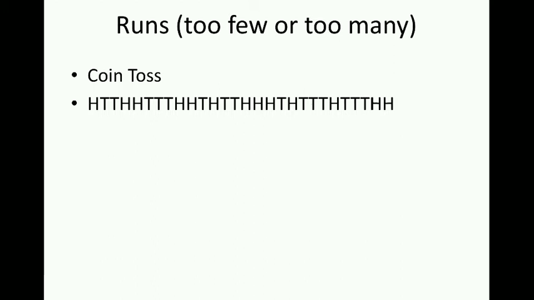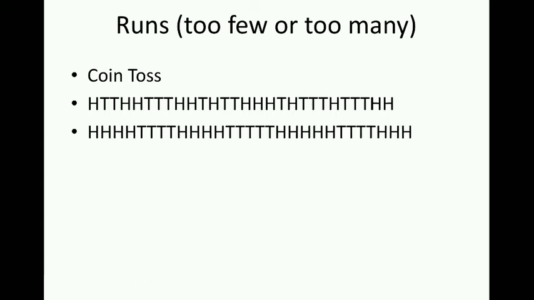Every time you throw a few tails, it's a run. If you start tossing your coin and you get things like a head, head, head, head, tail, tail, tail, tail, tail, head, head, head, head, head, tail, tail, tail, tail, tail, you're still getting 50% of the time heads and 50% of the time tails. But suddenly the data itself doesn't look random. There's something else going on here. This is a non-random pattern. There's too few runs in this data.